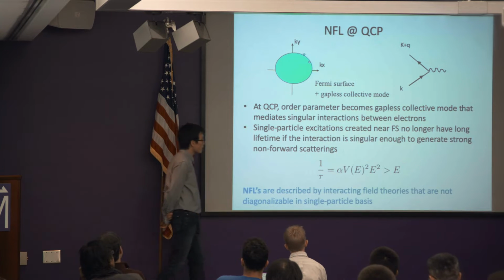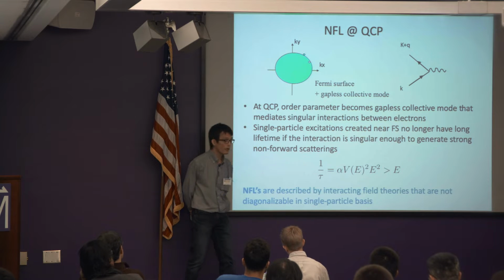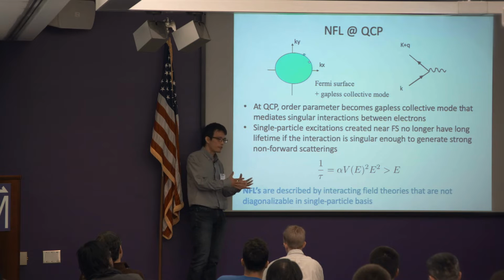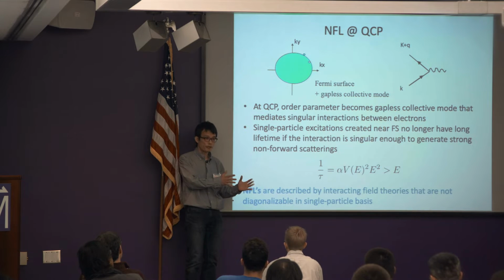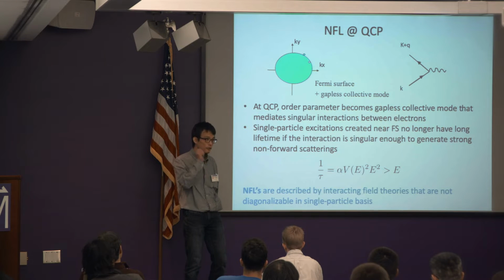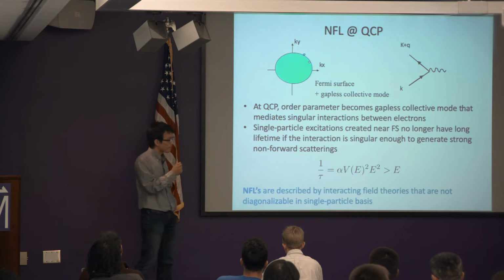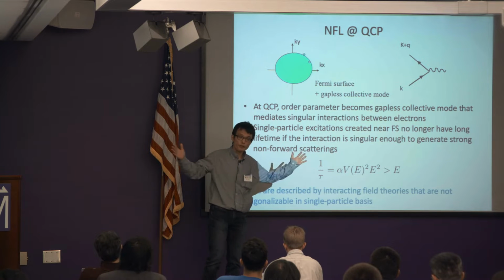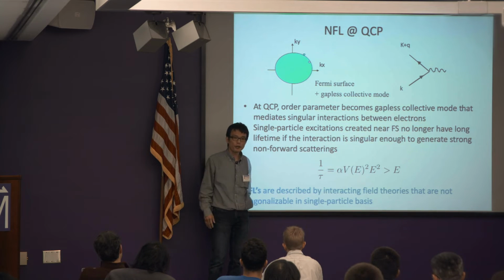So what happens at a quantum critical point is that, as I mentioned, if there is some spontaneous symmetry breaking on one side of the phase diagram, and you tune the system to the critical point, then at the critical point, the order parameter has an infinite correlation length.